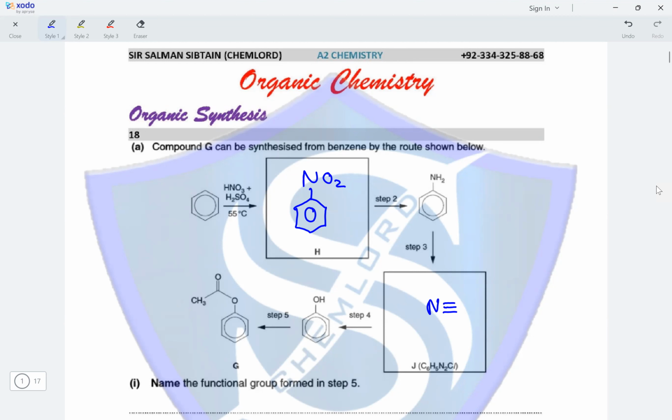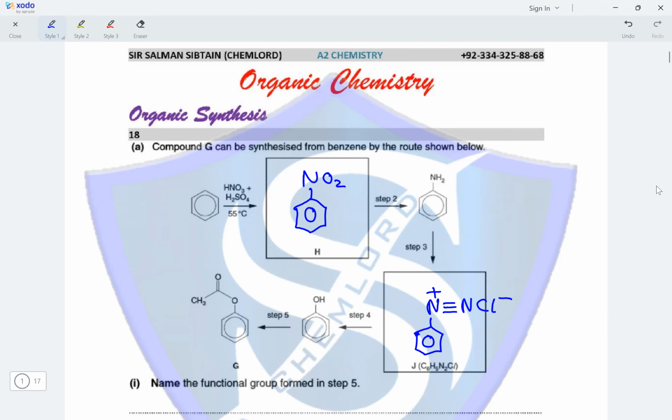So that would be N triple bond N positive and Cl negative attached to the benzene molecule. And this, upon hydrolysis, would produce phenol, and phenol, upon esterification, would produce the ester, which is G.